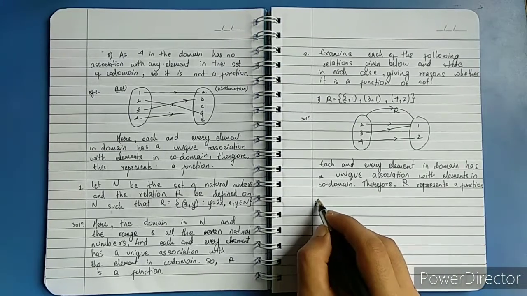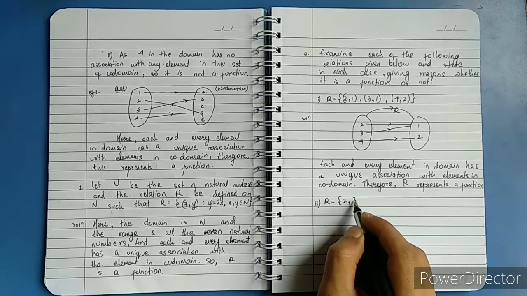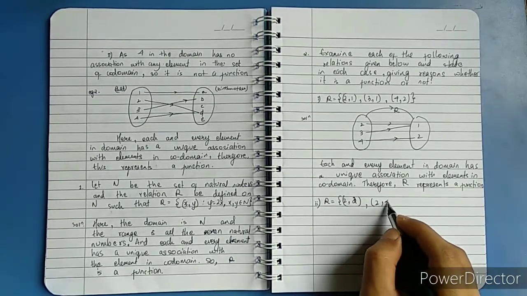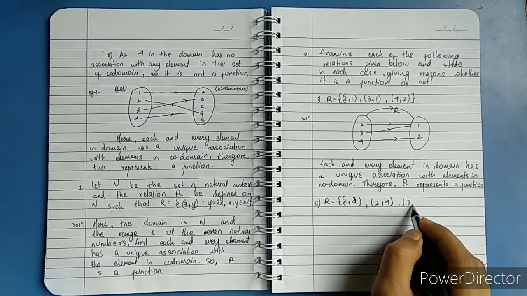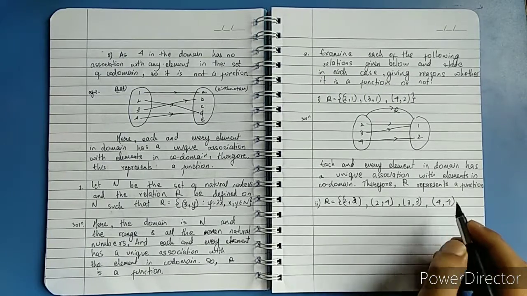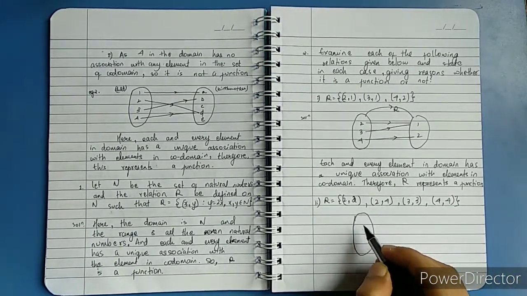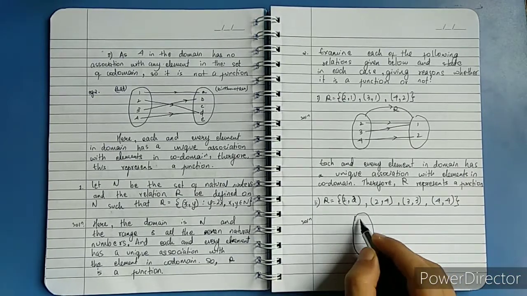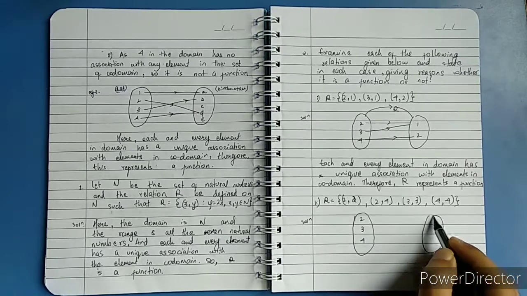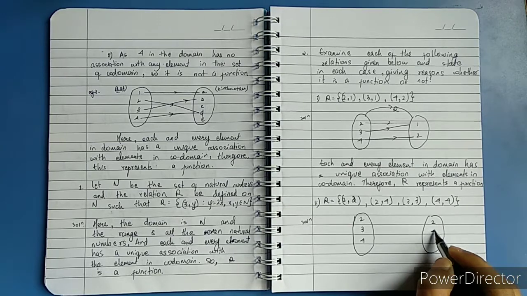Number 2, say R equals {(2, 2), (2, 4), (3, 3), (4, 4)}. So let's draw the arrow diagram again. We have in the first set 2, 3 and 4, and in the second set we have 2, 4 and 3.